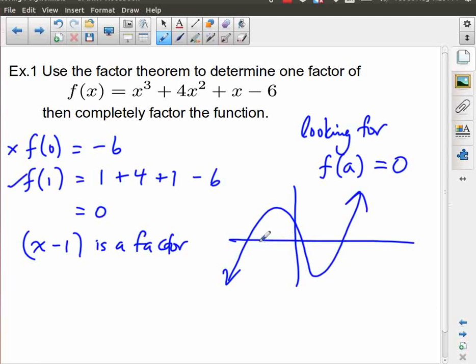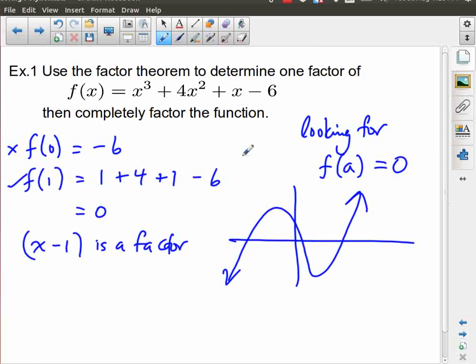The idea is that here it's above the x-axis, here it's below. So there are some things that you can do to make your life a little bit easier. Use some educated guesses, but there's still an element of randomness there. You don't know, you're just trusting that you're going to be able to find something. You have to make sure you're very careful with your arithmetic, otherwise you'll end up wasting your time as well.